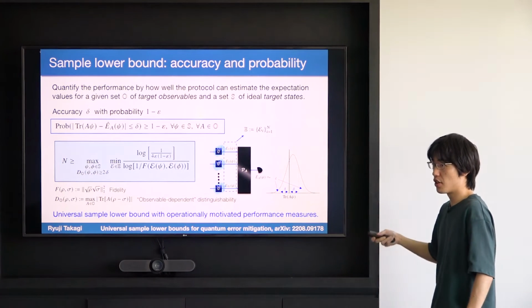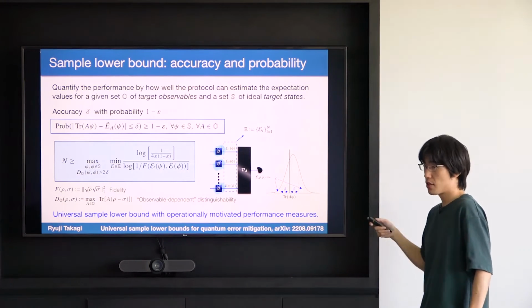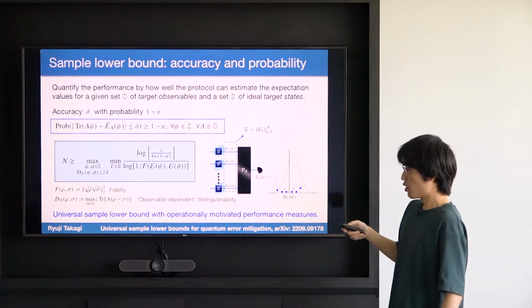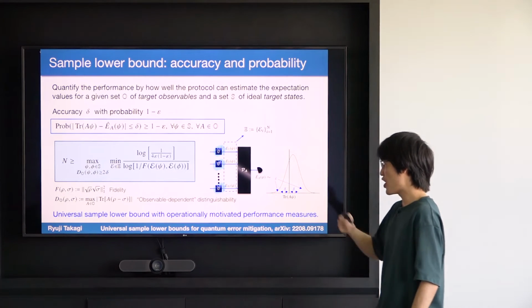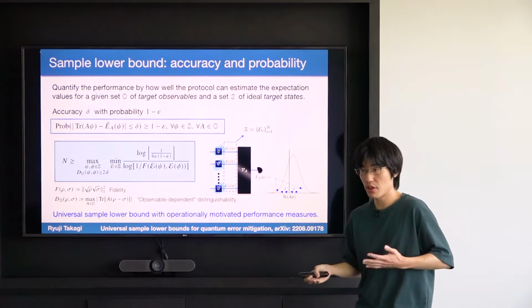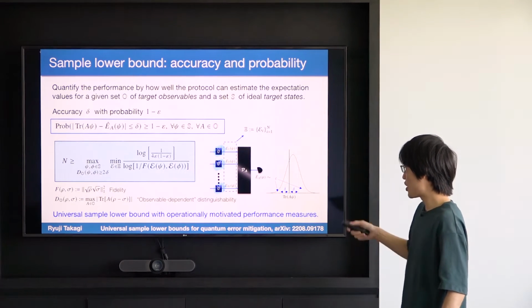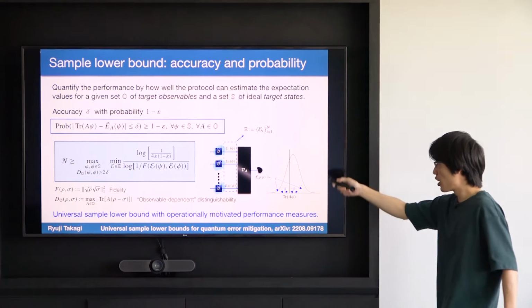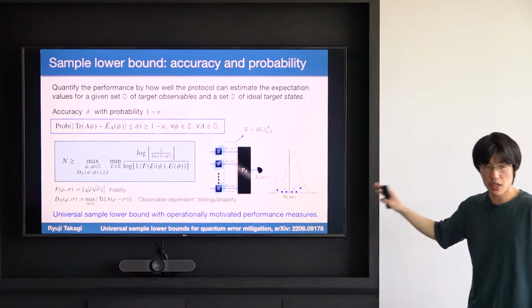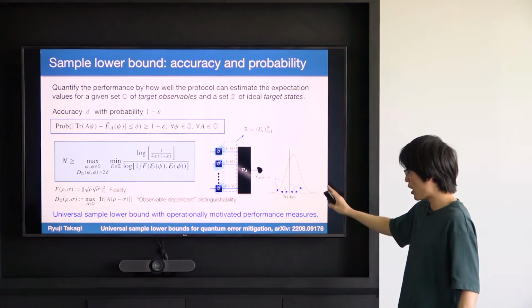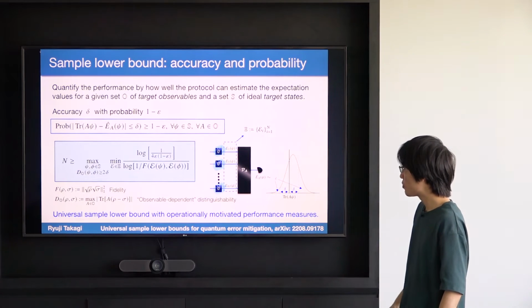This kind of indication can be derived from this. So now we got the sample lower bounds, which was the original interest of us. And so this then also works for the error mitigations encompassed in this framework.